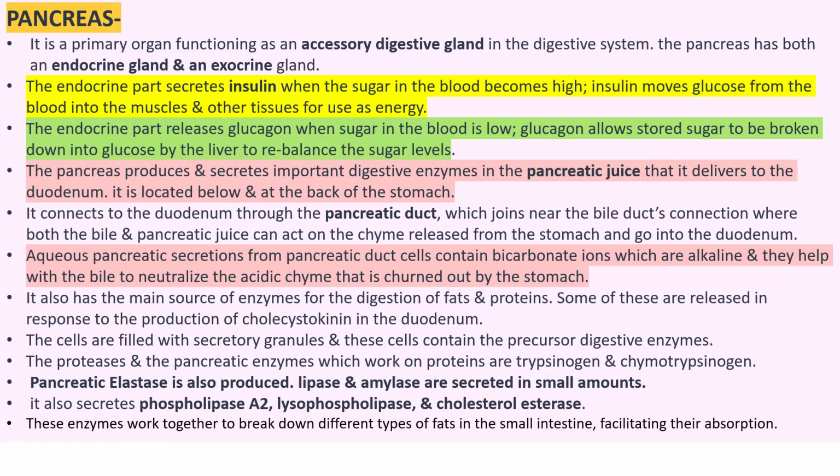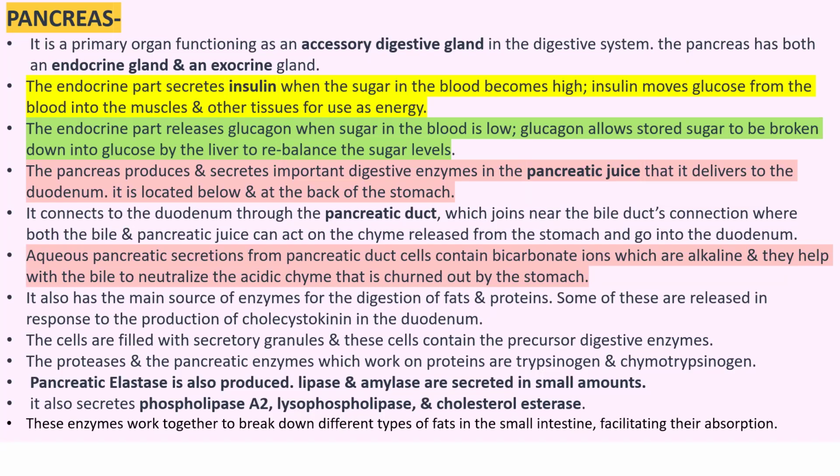Chyme is broken down into semi-liquid food by the stomach itself. So the pancreas is the main source of enzymes, which enable the complete digestion of fats and protein. Some of these are released in response to production of cholecystokinin in the duodenum.